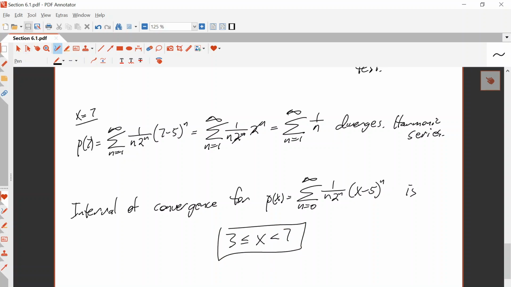So we get the interior of the interval by the ratio test, and then you have to check the endpoints. You converge absolutely inside this interval, you diverge outside the interval, and on the boundary points you just have to check those individually. Okay?